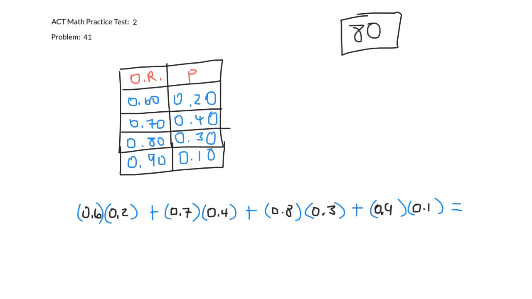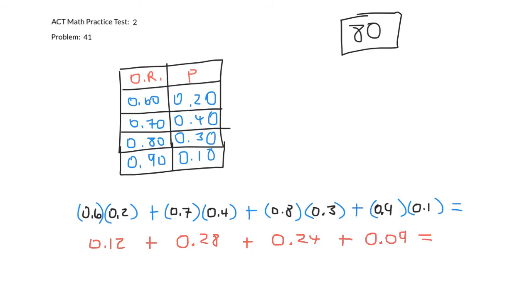And if I was to multiply that, I would have 0.12 plus 0.28 plus 0.24 plus 0.09.